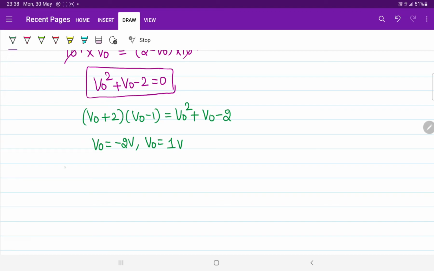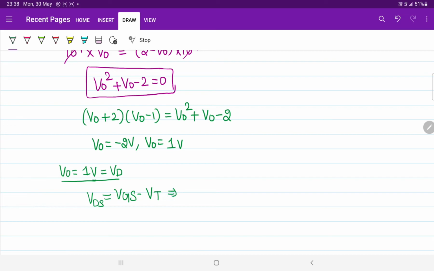Suppose you are selecting the value of V naught equal to 1 volt, let us see what will happen. You know V naught is nothing but Vd. Now what is the relation? We know the value of Vgs minus Vt is equal to the value of VDS.